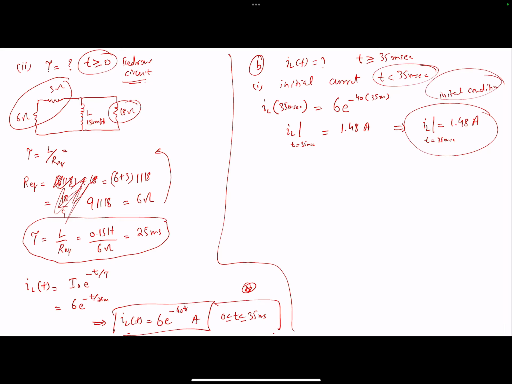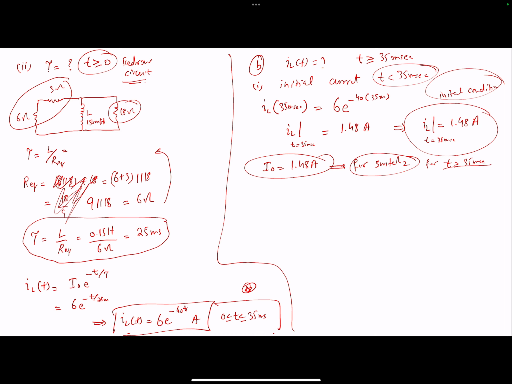This was the initial current that was flowing, 1.48 amperes. You can call it I naught, 1.48 amperes, for switch 2, or for the second switching event, for this time window. Okay, so we ended up finding that.